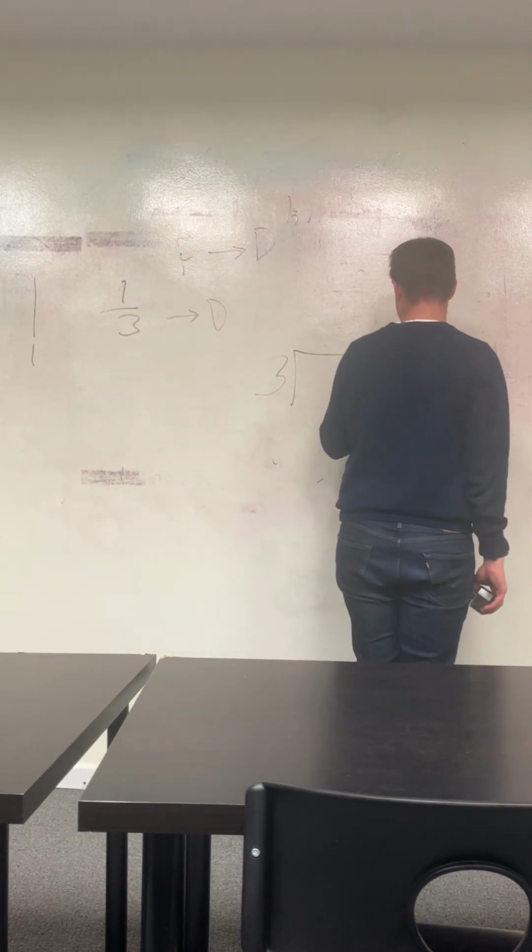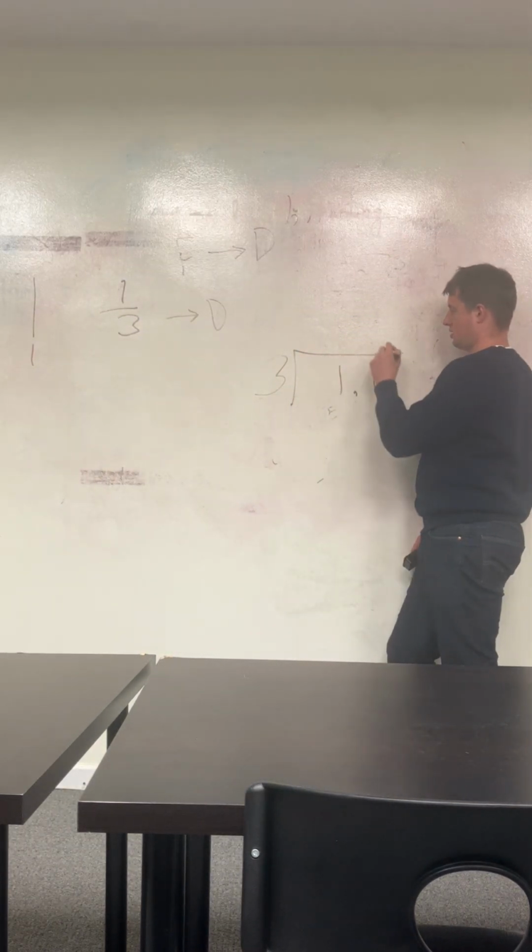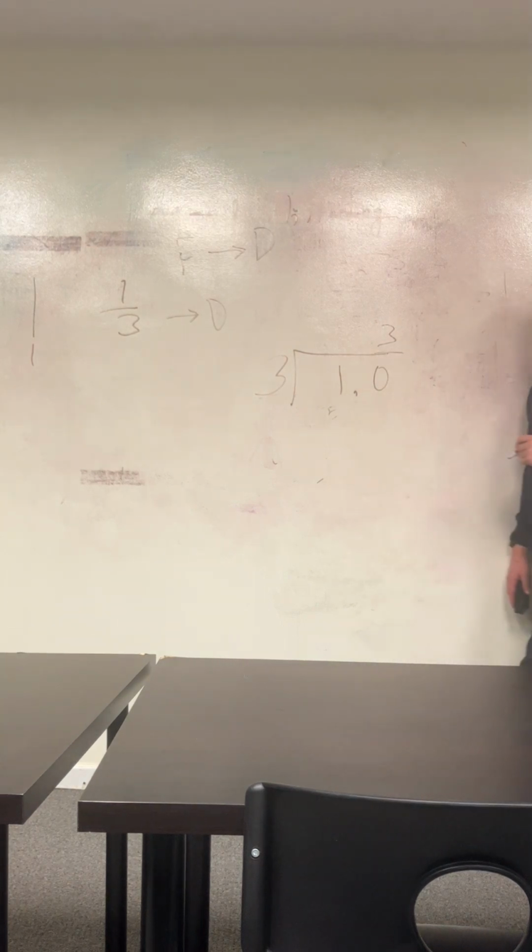So 3 doesn't go into 1, so it's 1.0. Make it 10. How many times does 3 go into that? 3 times. Okay. Tell me what to do next.